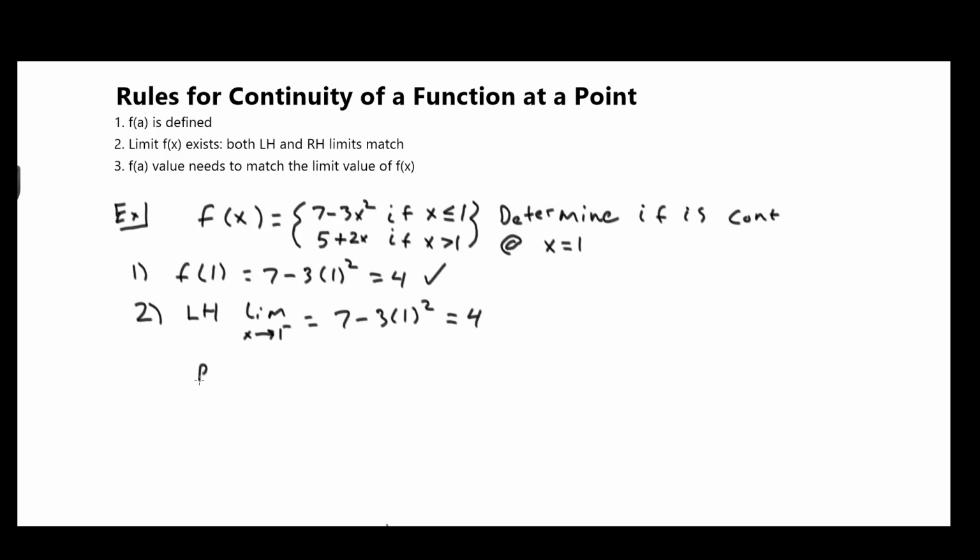So for our right hand limit, since this x value is greater than 1, obviously we'd be using this function to determine this right hand limit. So we'll plug in 5 plus 2, and that's equal to 7. So these don't match, so it doesn't pass the second rule, so these functions are not continuous at point 1.